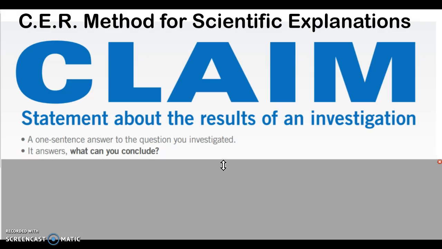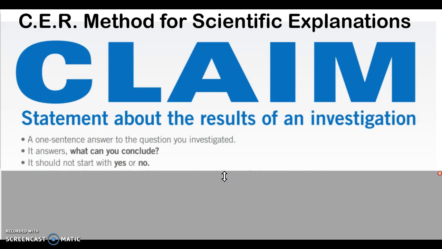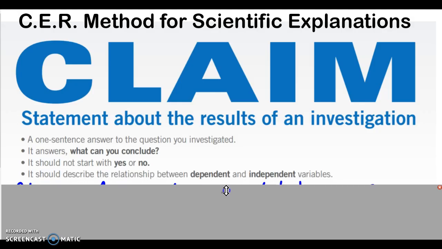So think about what the ultimate goal of this experiment was and what can be a one-sentence way to wrap up the experiment. Next up, don't start it with yes or no. Just state your claim in a one-sentence statement. And then it will describe the relationship between the dependent and the independent variables, okay?